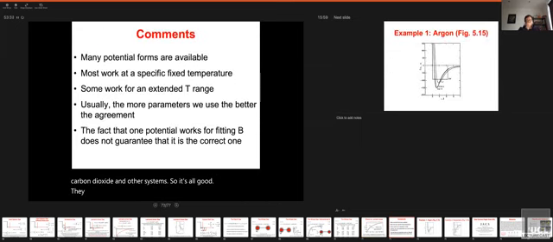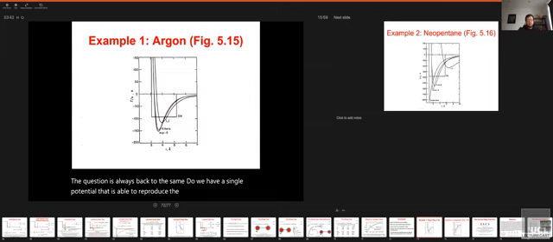However, the question is always back to the same. Do we have a single potential that is able to reproduce the experiments? In this figure over here, which I took from Prausnitz's book, all of these potentials, the square well, the Lennard-Jones, the Kihara, the exponential 6, have been fit to reproduce the second virial coefficient of argon.